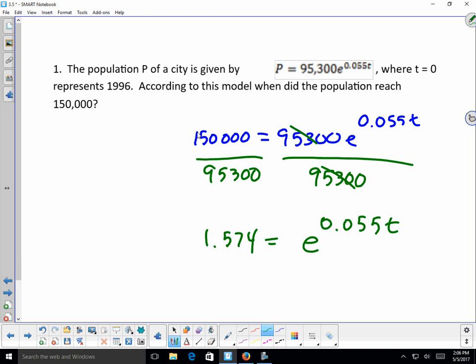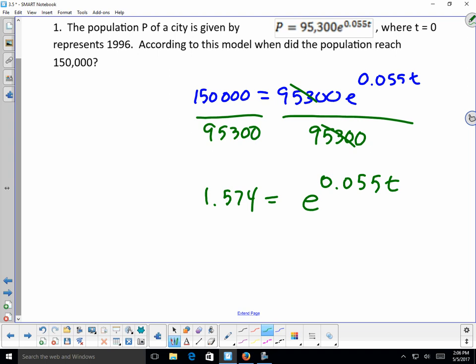At this point, what's going to be our next step in solving for t? We're trying to find out when the population is going to reach 150,000. We can't divide anything. If we have an unknown that's locked up in an exponent, what do we have to do?